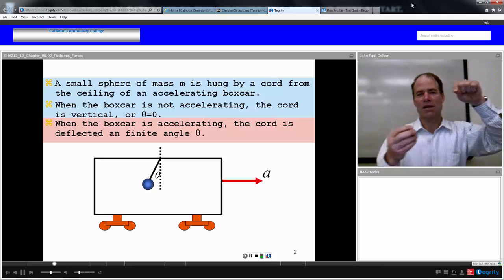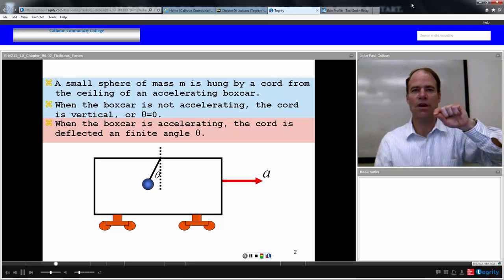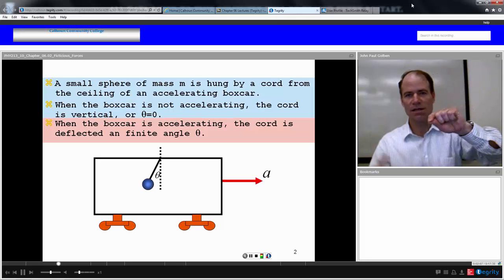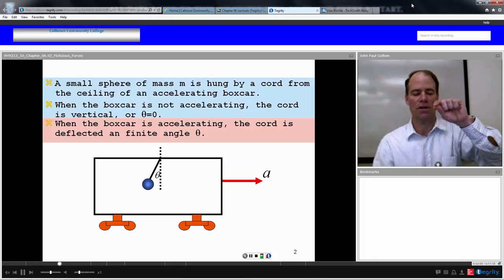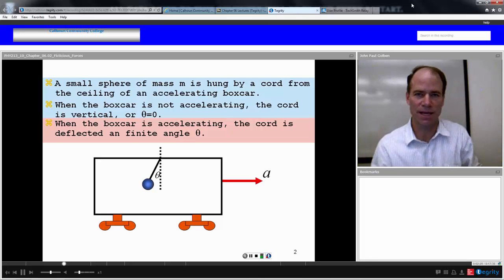So the boxcar is pulling along, and if you were an observer outside the boxcar, and if you were able to see this, you would say, oh yeah, that makes sense. The train is moving along and it's pulling, and the tension of the cord is what's pulling this mass along and allowing it to maintain itself with the train.